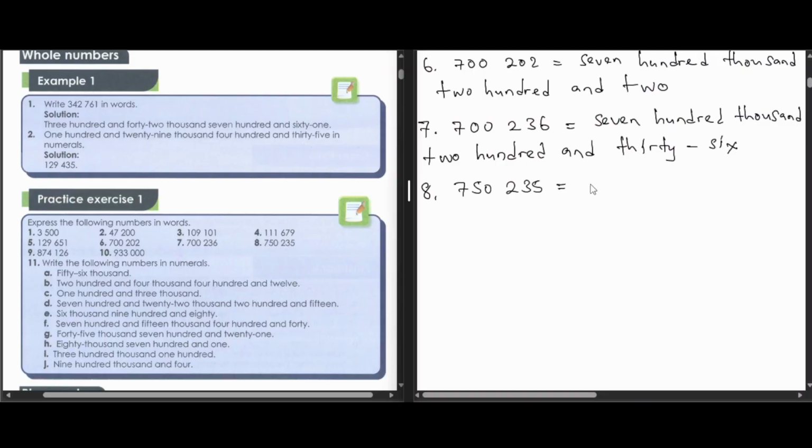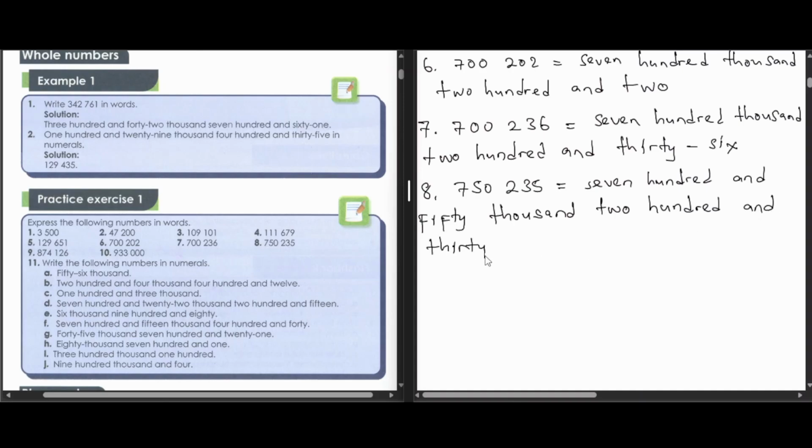Number 8, 750,235 inenge inonyorwa sei 750,235 and 30 todai 5 seizvi. Ndo manyorero atinoita. That's our number 8.